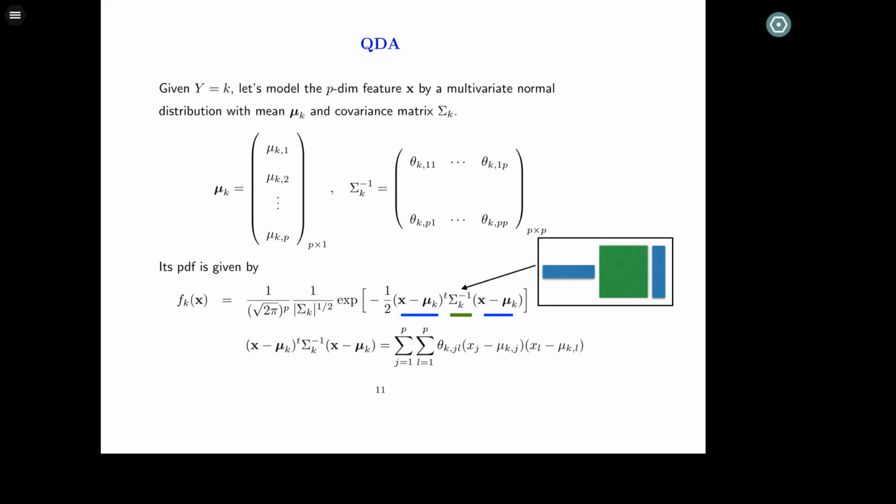And the density function for such a multivariate normal takes this form. Here I want you to picture the quadratic term inside that bracket, which is equal to a row vector times the precision matrix times a column vector. So that will give you a number. If you take a log of the PDF, you're going to get a quadratic function of x, and this is why it is known as QDA, quadratic discriminant analysis.